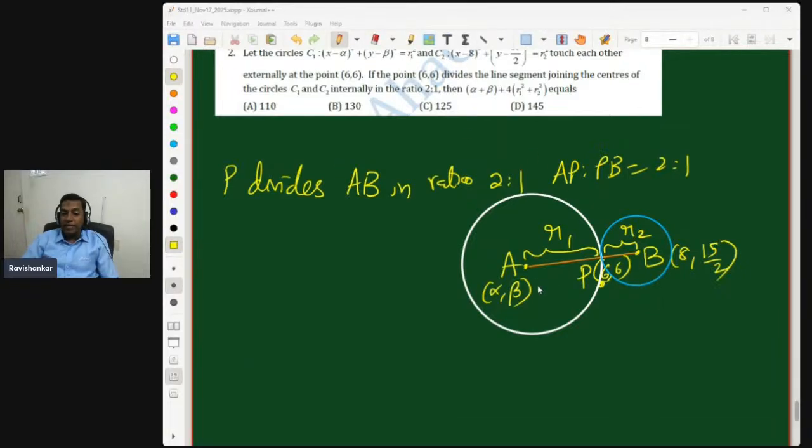Like I said, it really doesn't matter how you draw, but sometimes people can get misled by the diagram. So AP is to PB is given as 2:1. Okay, hint is use section formula. You are given B, you are given P, so you should be able to find A using section formula.